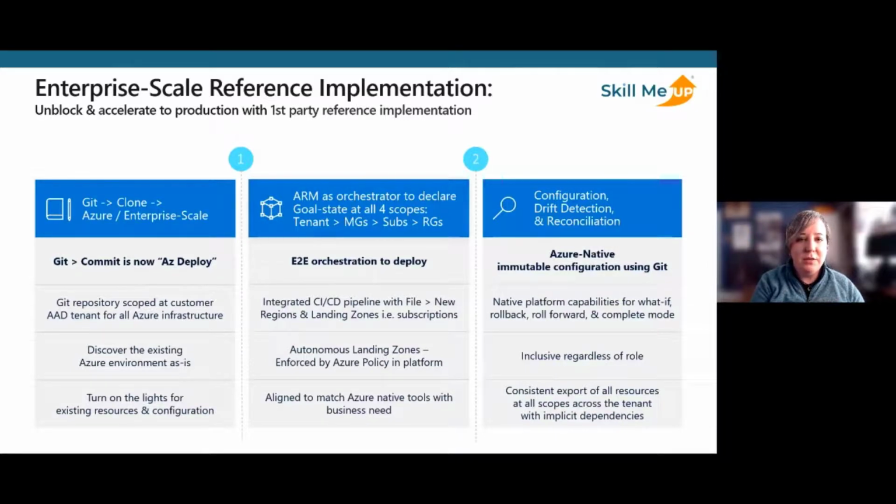One of the recommendations that always rubs customers the wrong way is to deploy it right now and discover it as is, right? It's probably not going to have everything you want. Maybe it might be too restrictive as well. But the idea here is it's hard to know what you don't have when you don't have something to deploy from. So the recommendation is to take this, deploy it as is, poke around, become more familiar with what it's doing.